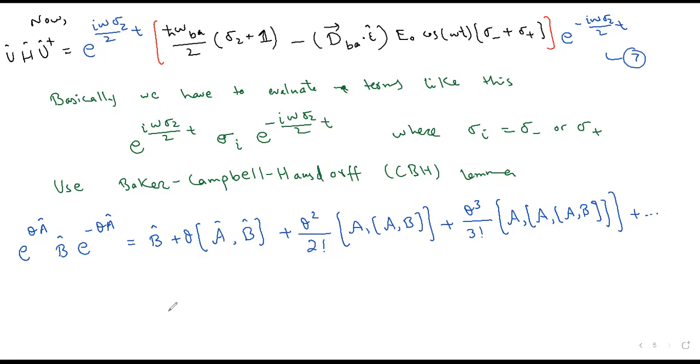Theta is just a constant multiplying the operator. What we need here are terms like sigma z commutated with sigma minus. Basically, we have to calculate these two relations. But it would be better to know what sigma plus and minus are in terms of x and y, so that will be easy to calculate. Let me call this equation number 8.